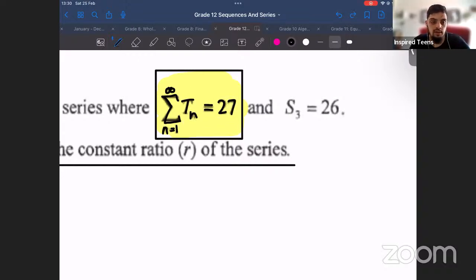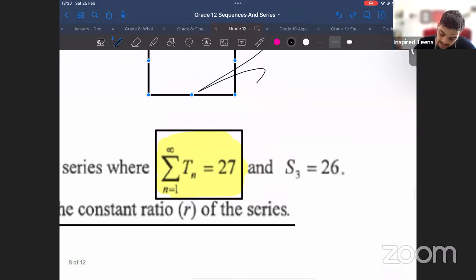We don't know the general formula. They are saying that this entire thing, the sum to infinity starting at 1, is equal to 27. So this is basically telling us that 27 is equal to a over 1 minus r.